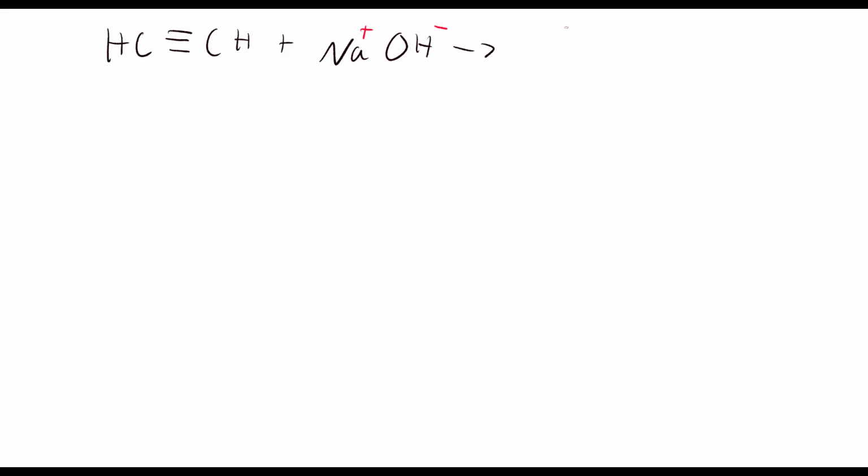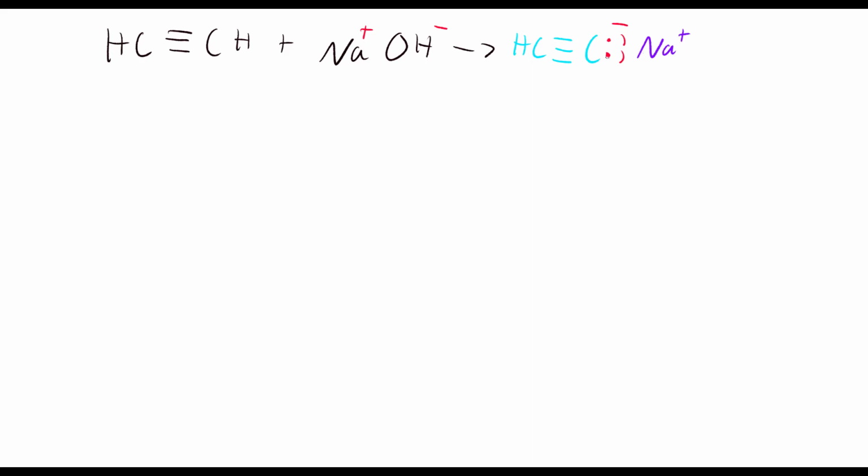And so we have HC triple bond carbon, but that carbon now has some lone pairs, and it's going to be negative, right? Okay, so it's negative. That must mean that we're going to have a sodium over here.